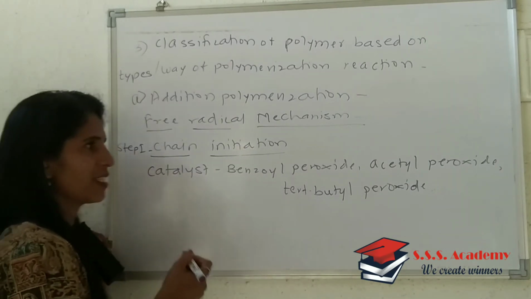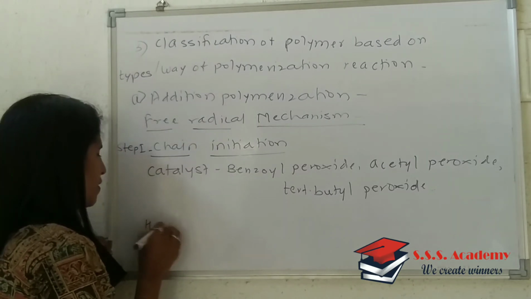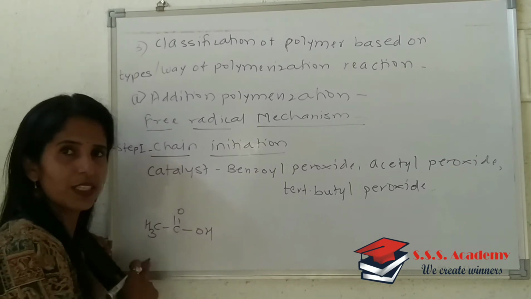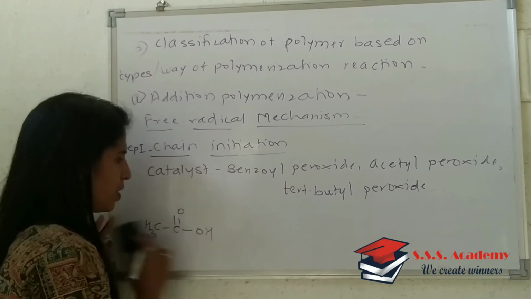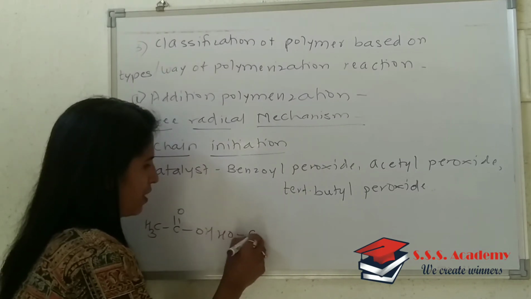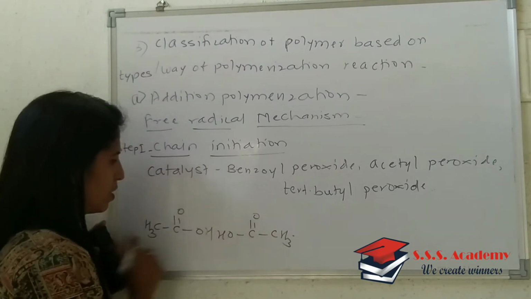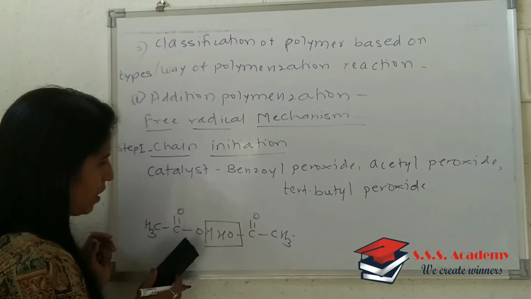You are familiar with acetic acid, CH3, C double bond O, H. This is acetic acid. What we'll do is take two moles of acetic acid, and we will just remove the water. And what will happen?